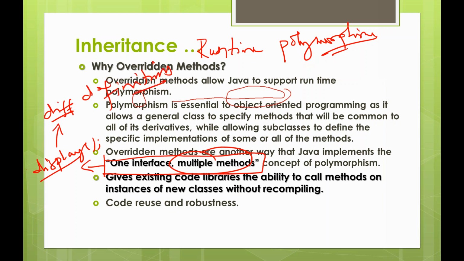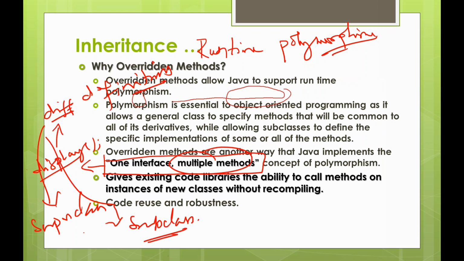It has different definitions. One definition in your superclass and another definition in your subclass. That is the interface. With the same name, we have different definitions, one in superclass, one in subclass, right?